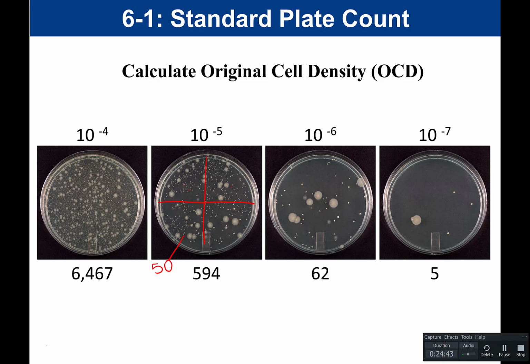Now, for the purpose of this, we already counted the colonies for you, so you don't have to sit there and count them. But if you were doing this in lab, I just wanted you to be aware of how you would count these colonies. And when you're counting them, if I was doing this in the lab, I would use a permanent marker on the bottom side of the plate, so not on the agar itself.